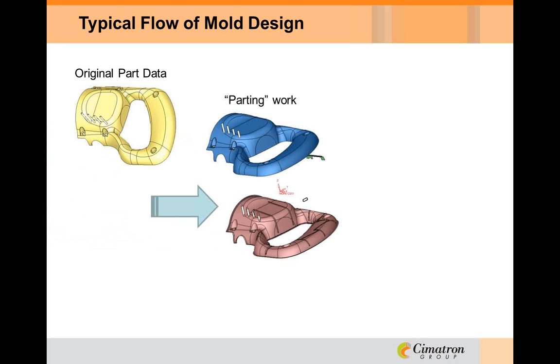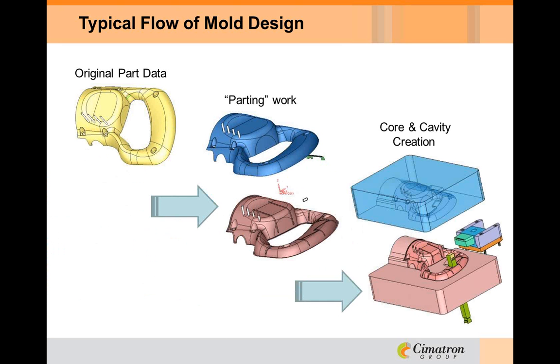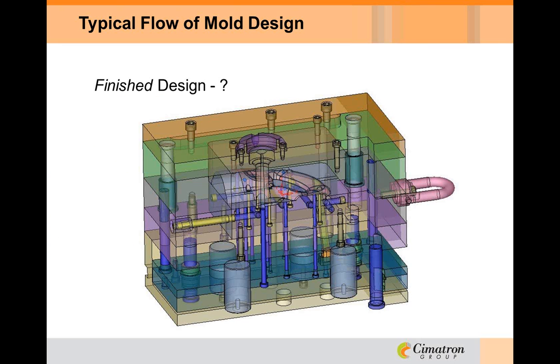Then parting surfaces between these groups must be defined, and eventually they become the cavity blocks and slides and everything else that's needed to mold the part. And the mold design process continues with the addition of plates and all of the other standard components needed for a functional mold. And at some point, the mold design is finished.